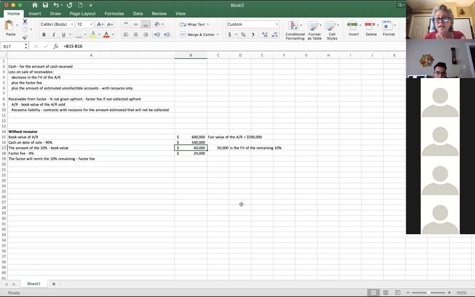They could have stated this one of two ways. They could have said the fair value of the accounts receivable sold is 590,000, or the fair value of the remaining amount is 50,000. So going up here, the decrease in the fair value of my accounts receivable is 10,000.